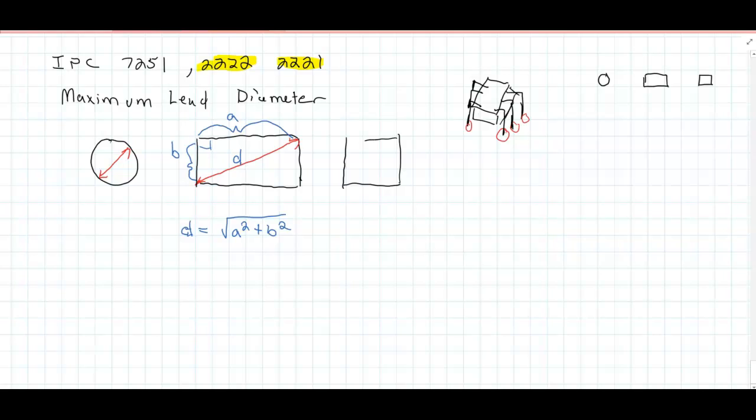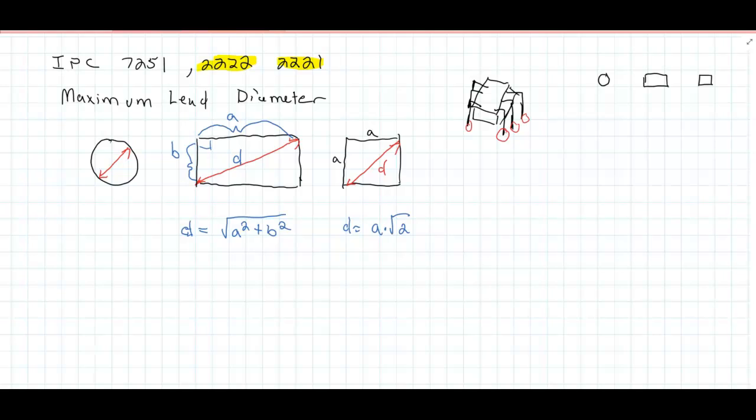The diameter that we define is just like in the rectangle, the diagonal of the square. Because they're the same side length A on both, the diameter would just be A times the square root of 2 for the max diameter. All right, so that's going to be something we need to look at when we're looking at through-hole components.